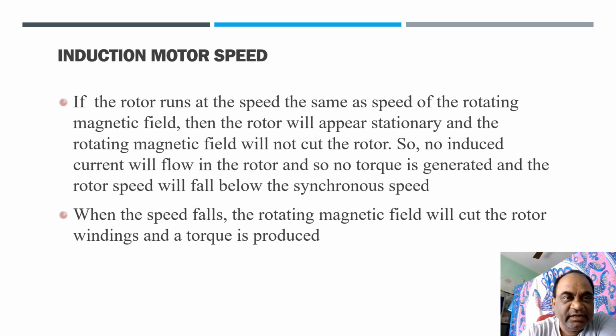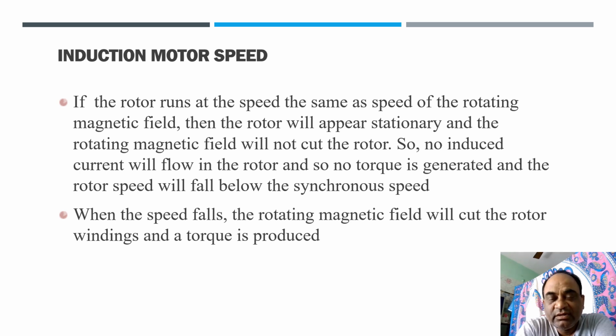If the rotor runs at the same speed as the rotating magnetic field, then the rotor will appear stationary and the rotating magnetic field will not cut the rotor. This is a very unwanted situation because no EMF will be there in the rotor circuit.